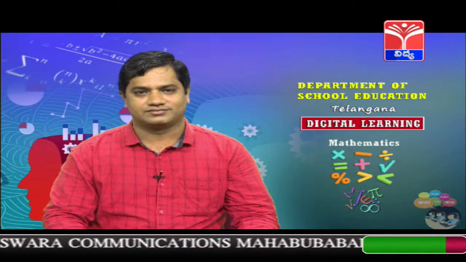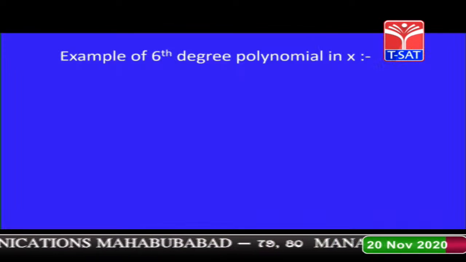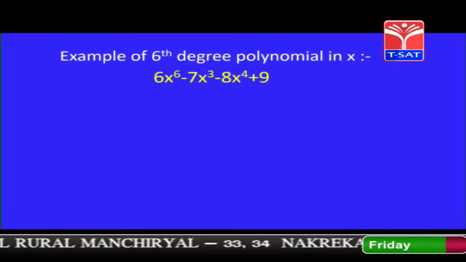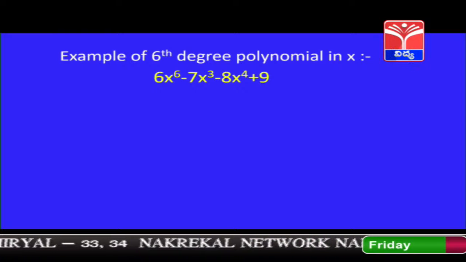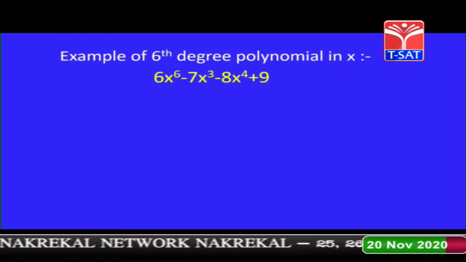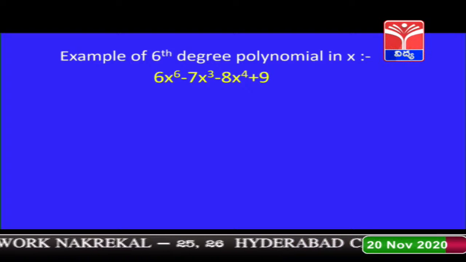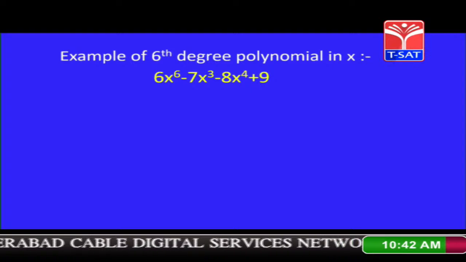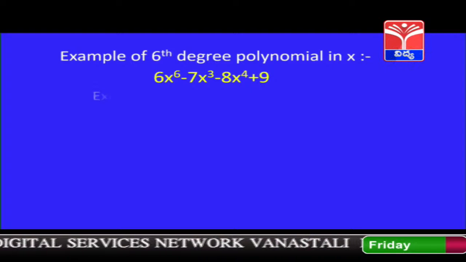Now try to give an example of a 6th degree polynomial in x. One example I am showing you on screen, 6x to the power of 6 minus 7x cube minus 8x to the power of 4 plus 9. This is one example. Try to write more examples of 6th degree polynomials.